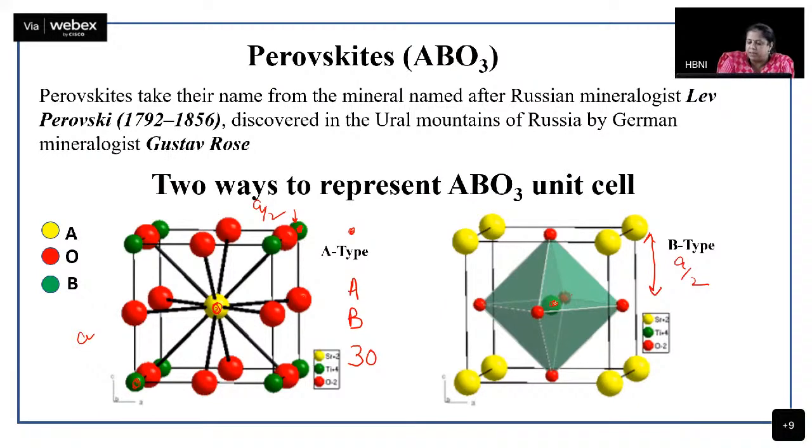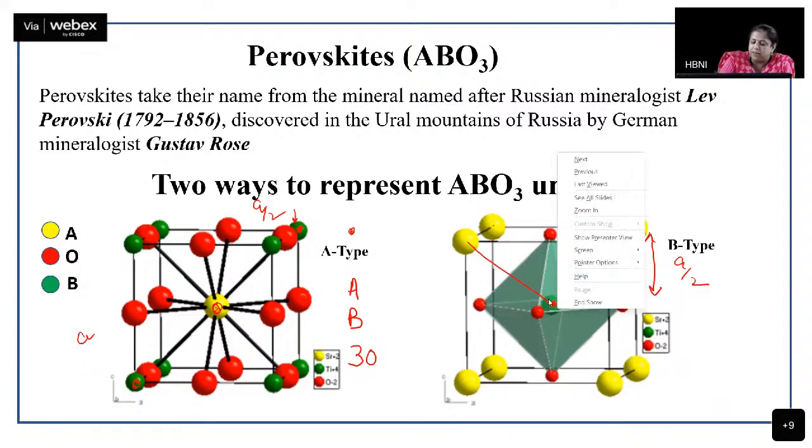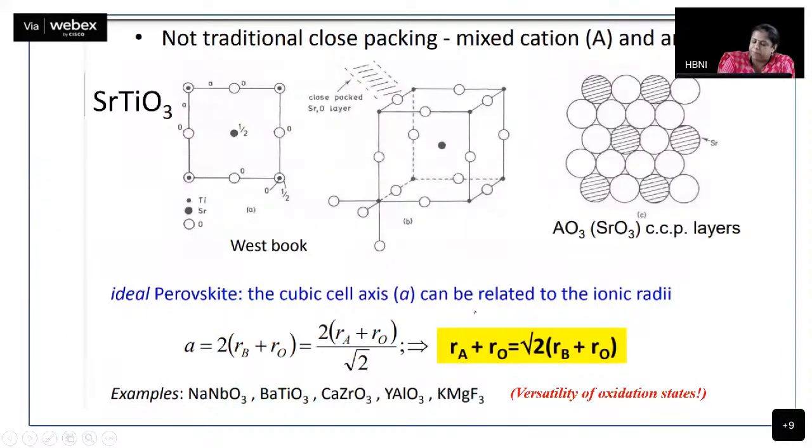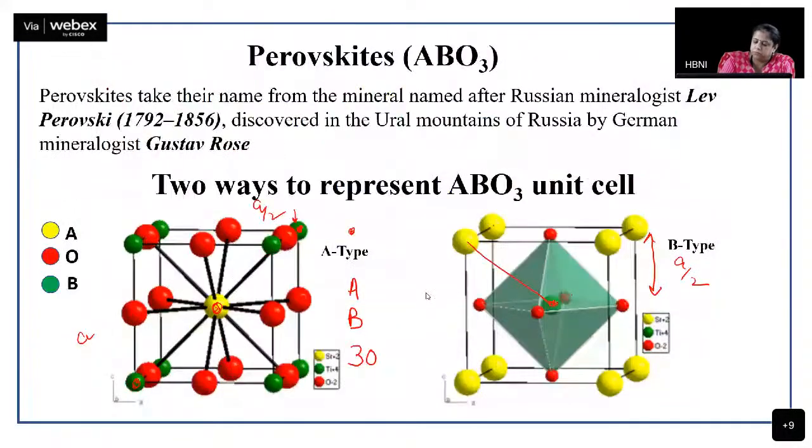Similarly, I have 8 yellow balls surrounding this green ball at the distance of root 3a by 2.